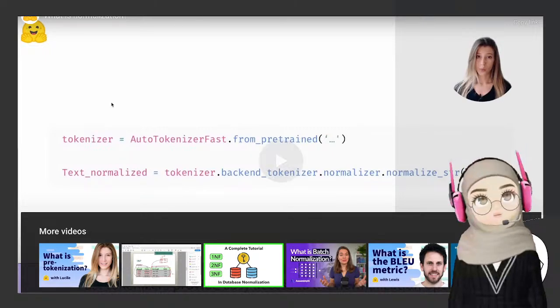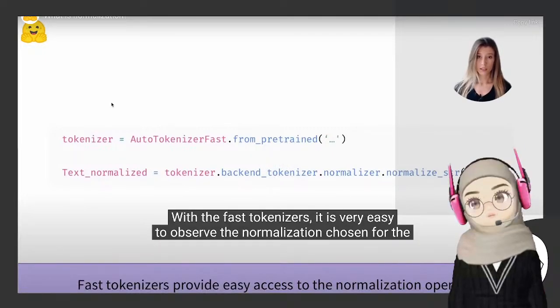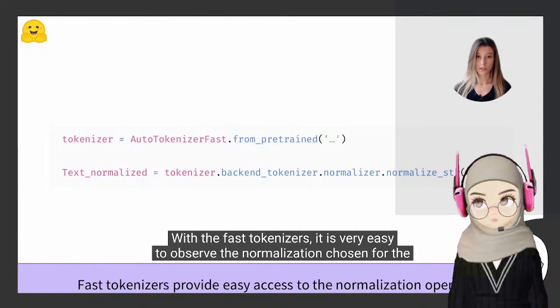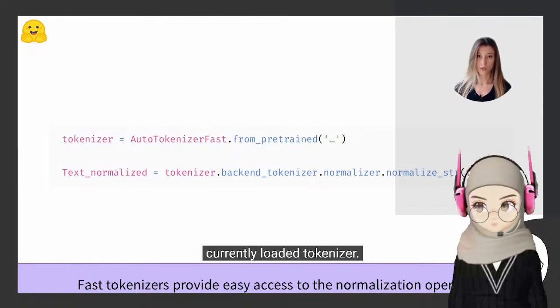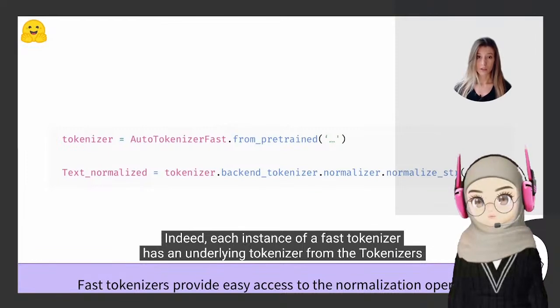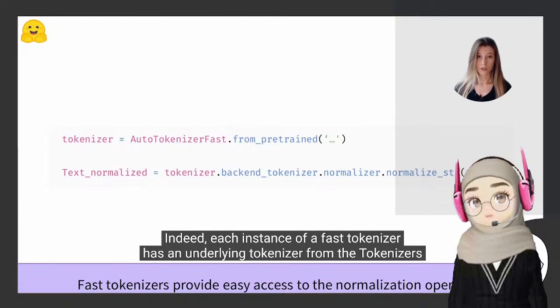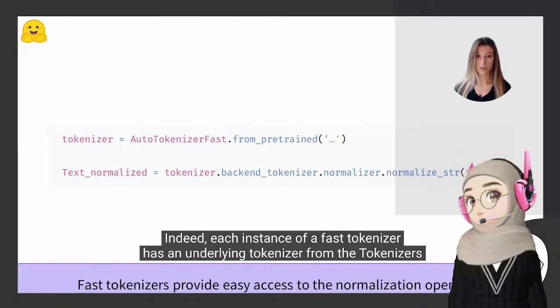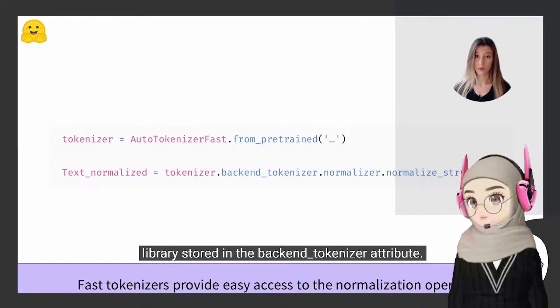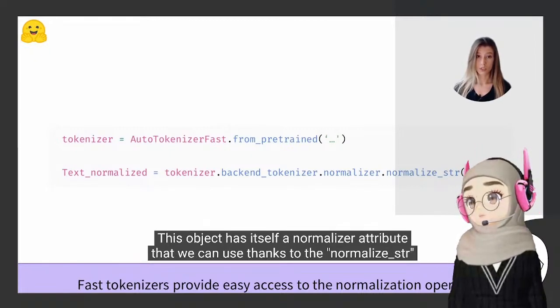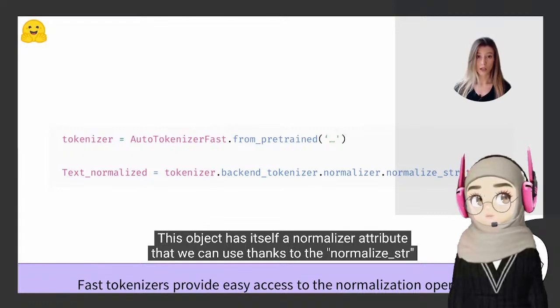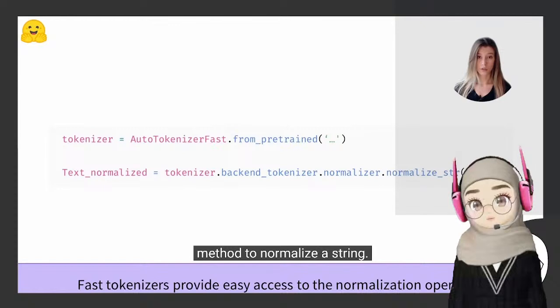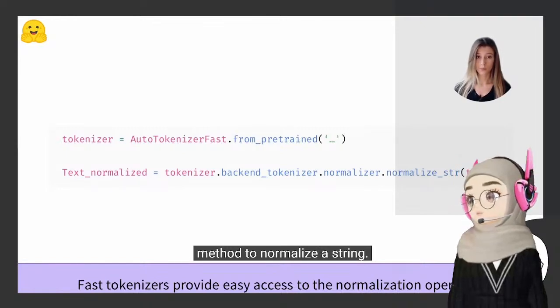With the fast tokenizers, it's very easy to observe the normalization chosen for the currently loaded tokenizer. Indeed, each instance of a fast tokenizer has an underlying tokenizer from the HuggingFace tokenizers library stored in the backend tokenizer attribute. This object has itself a normalizer attribute that we can use thanks to the normalize string method to normalize a string.